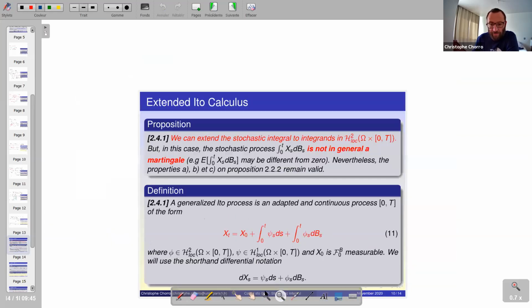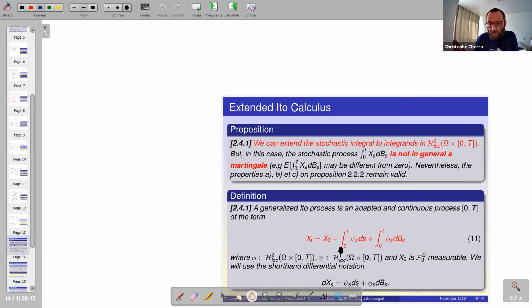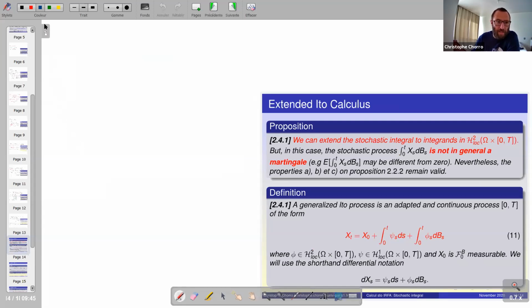What we are going to do is to admit the following proposition. So suppose that at this stage, for the moment, I have defined the stochastic integral as a stochastic process for X belonging to L2 prog. And I have a lot of properties for this one.